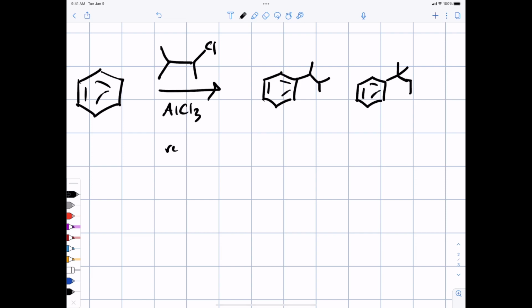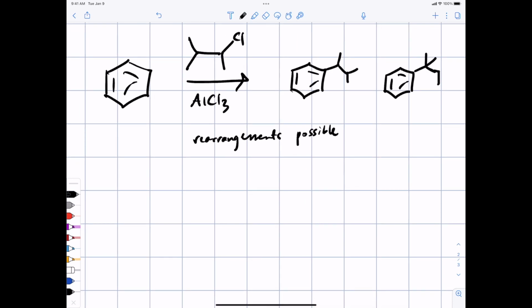So rearrangements are possible because of the carbocation. I would say don't worry about predicting the rearrangements, but if they happen, could you explain them in a mechanism?